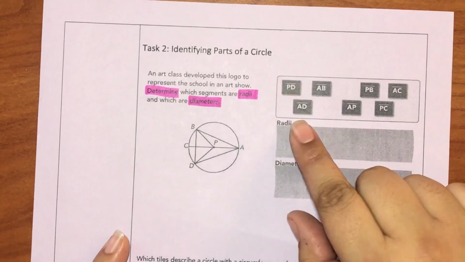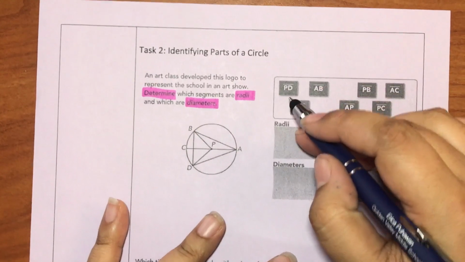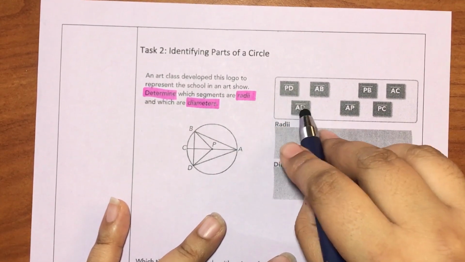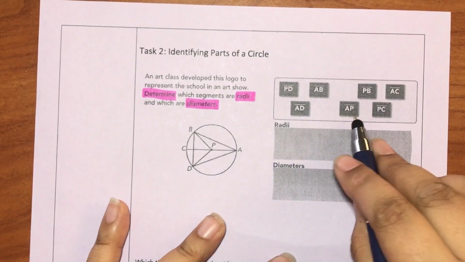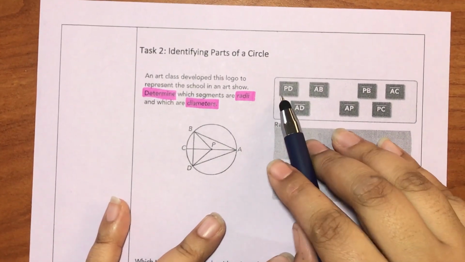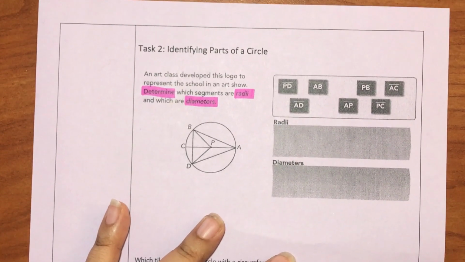And we have a couple of choices here. Notice how it is put. So we have PD, AD, AB, AP, PB, AC, PC. I know when we talked about expressions, we said that it has to be in alphabetical order.